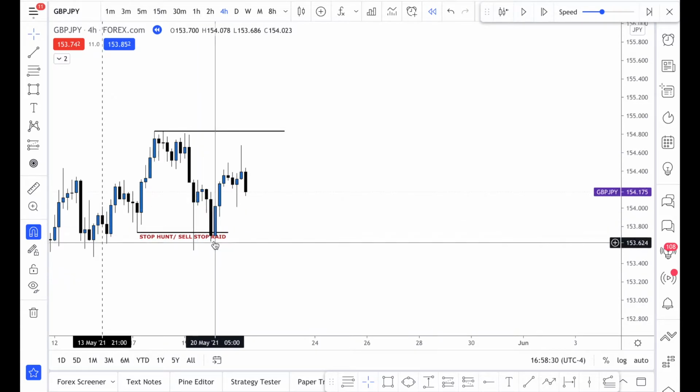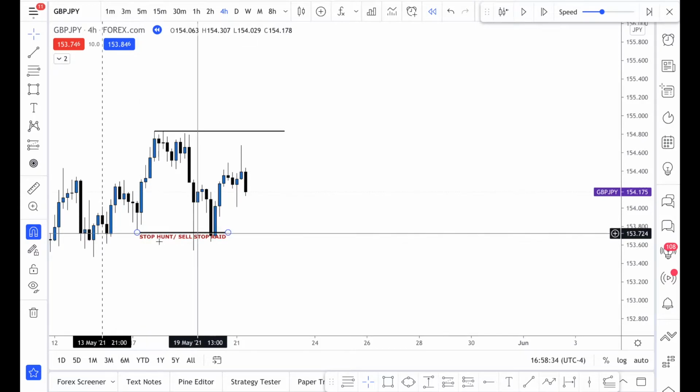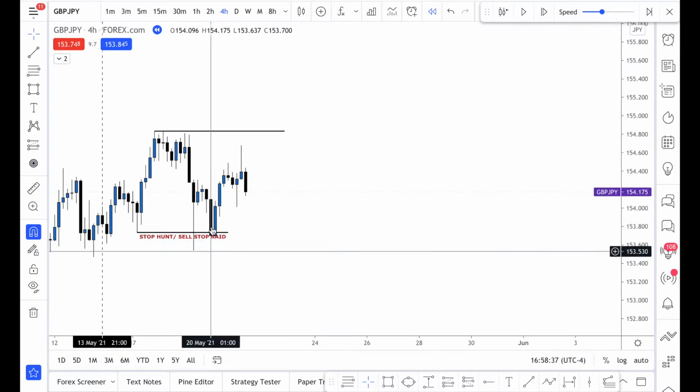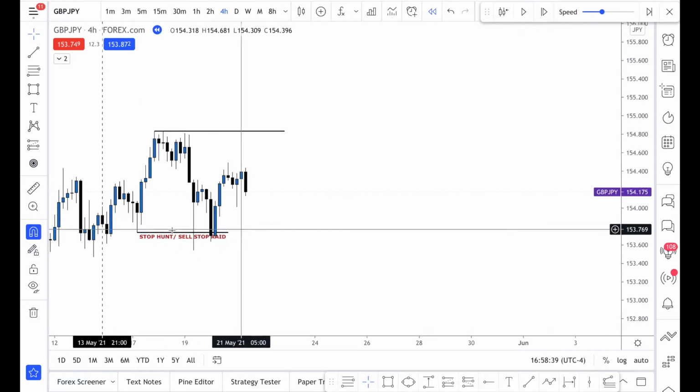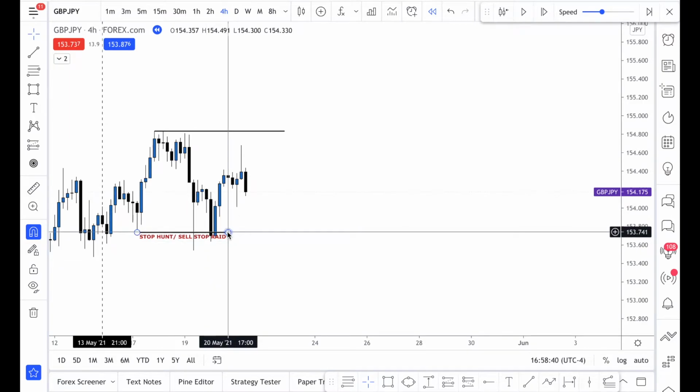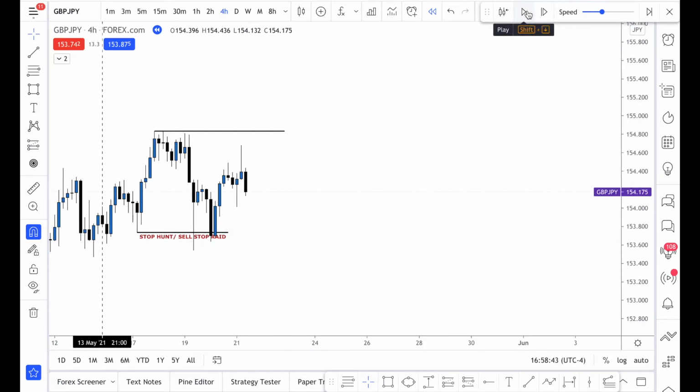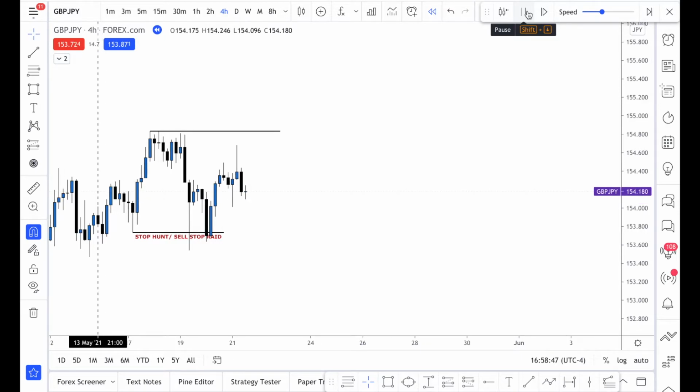It came back again and closed below this low. So now these sellers are trapped. Okay, so now all we're waiting for is a break in structure.